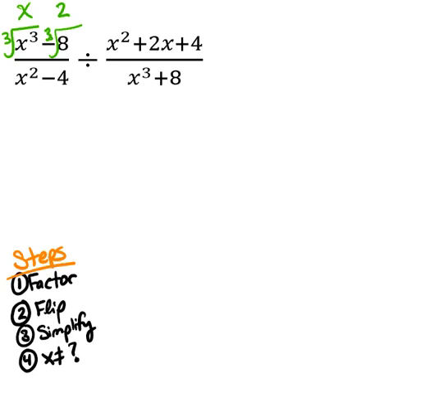So that first factor is going to end up being x minus 2 times x squared plus 2x plus 4.